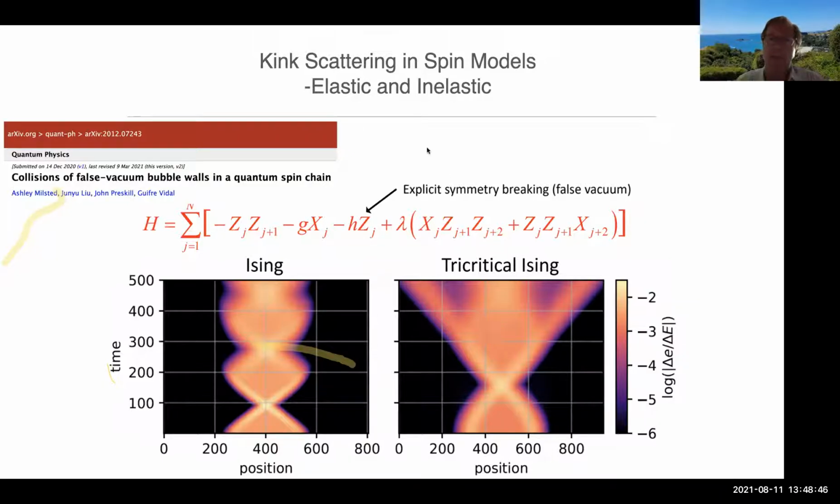On the other hand, when you turn on this coupling lambda, then one sees, in addition to these walls, these topological objects interacting with each other and the entanglement entropy varying as a function of time, one also sees the inelastic production of ballistic particles that go off to infinity. So when we're studying QCD, we're going to be in this situation with ballistic particles when we're above certain thresholds. And so studying what happens in these simpler models is really beneficial and revealing.